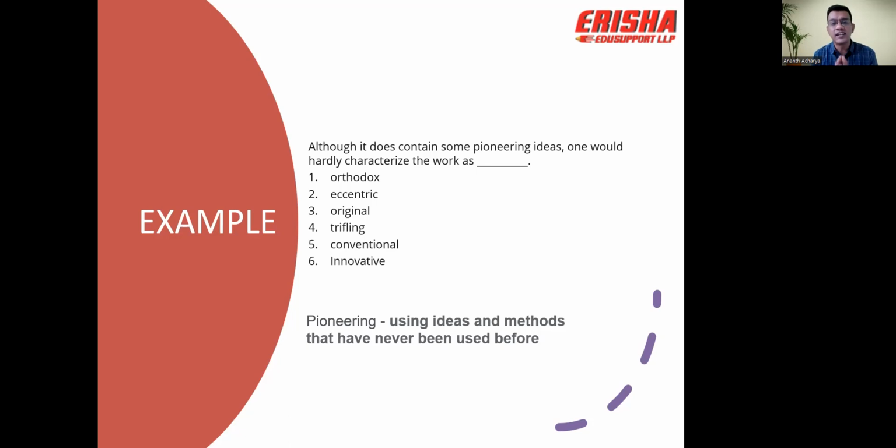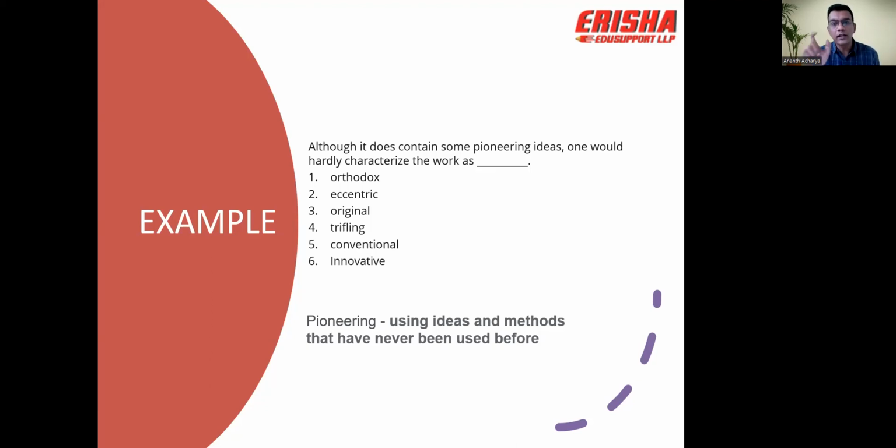Pioneering means using ideas and methods that have never been used before. When you look at the word pioneering here, remember it is associated with the idea and not the work, which means the idea seems to be pioneering, but the work is not, because of the word although.